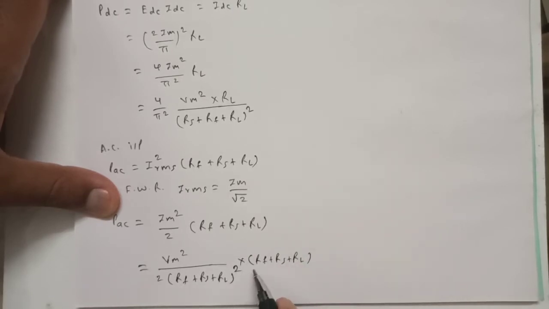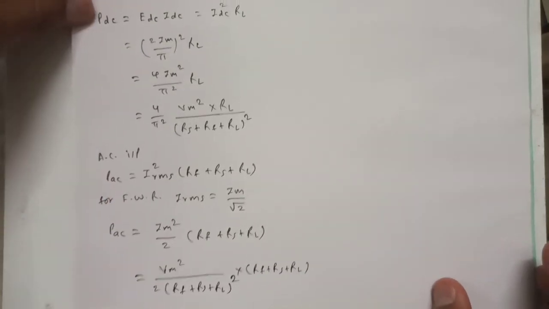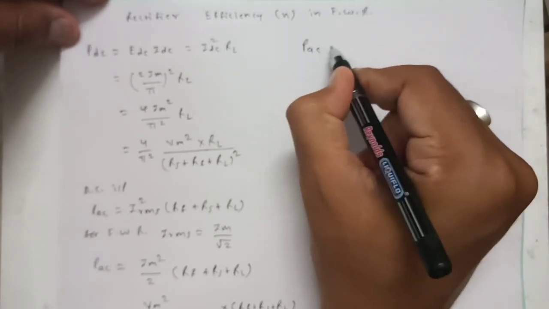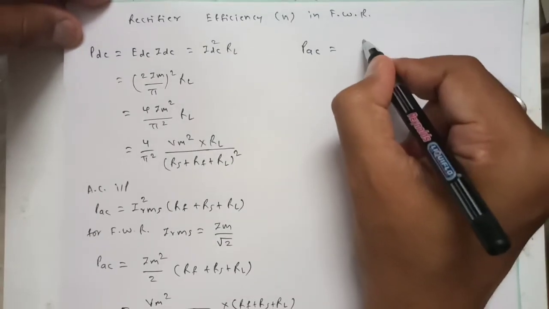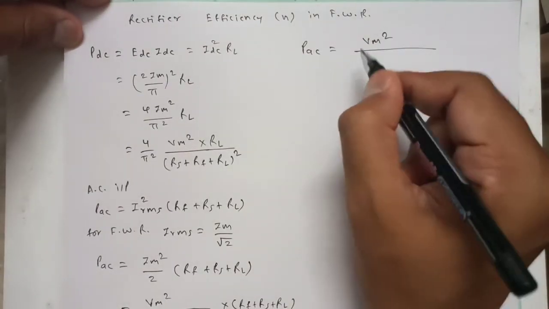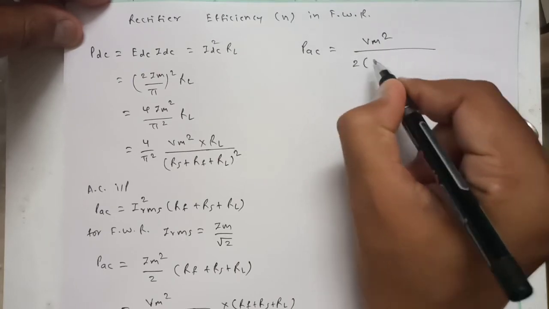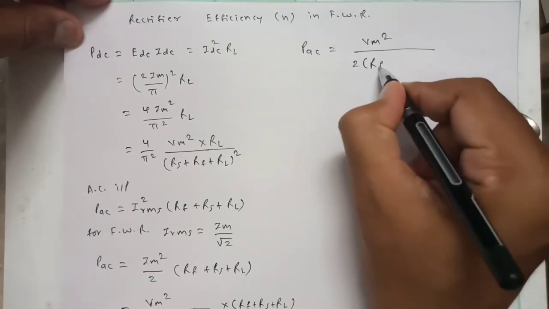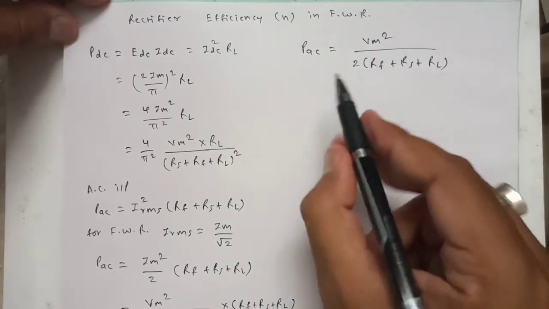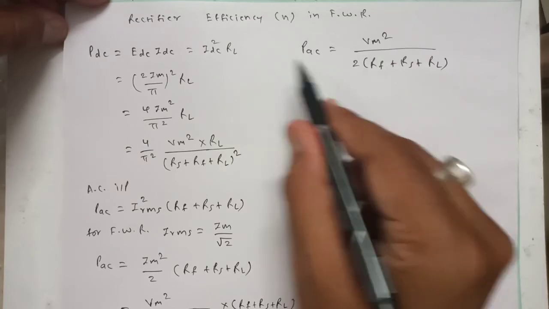Now these two terms will cancel, the square will be removed, and only one term will remain in the denominator. So finally the equation of AC input which we are applying to the full wave rectifier is Vm square divided by 2 times Rf plus Rs plus RL. This is the AC input, and this is the DC output which we are getting.